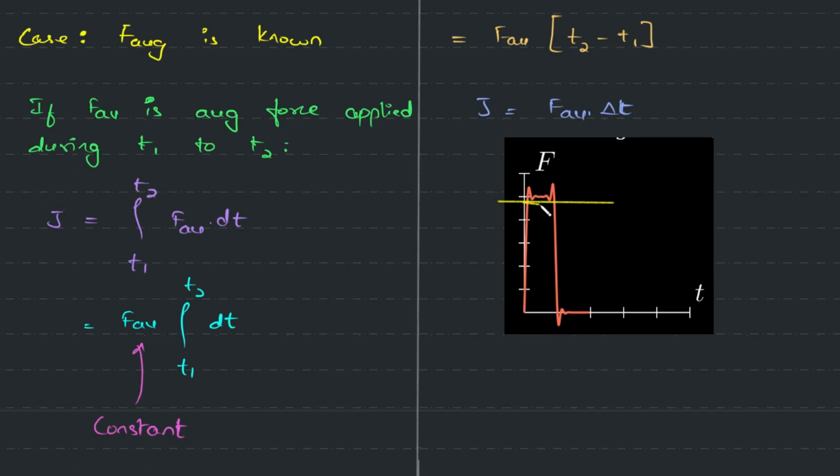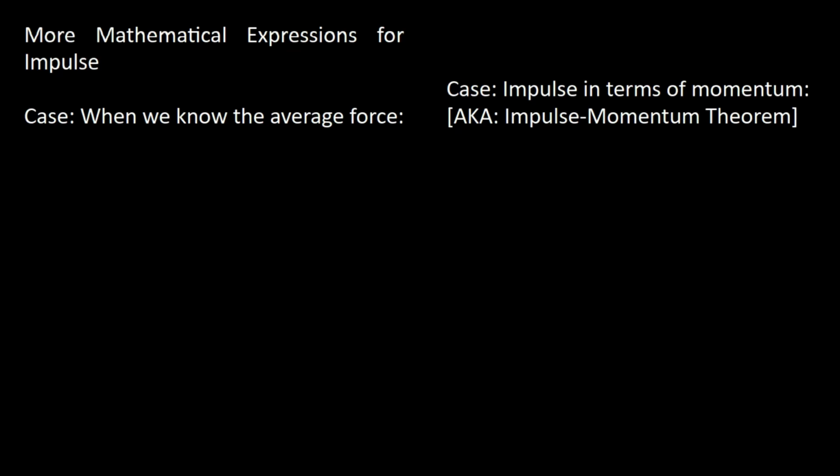Maybe around there. So that can be your average. So we know this is delta t. So basically the area under this particular graph, that is your impulse. Okay guys, so that is one situation.